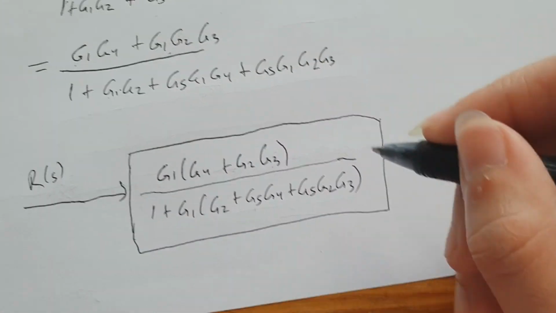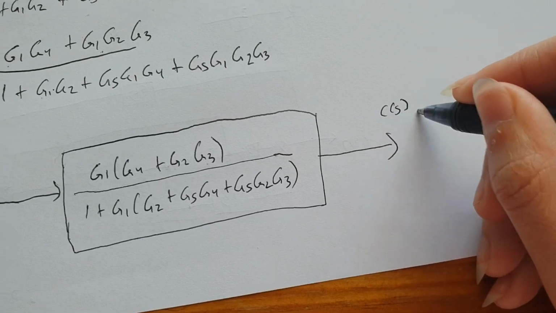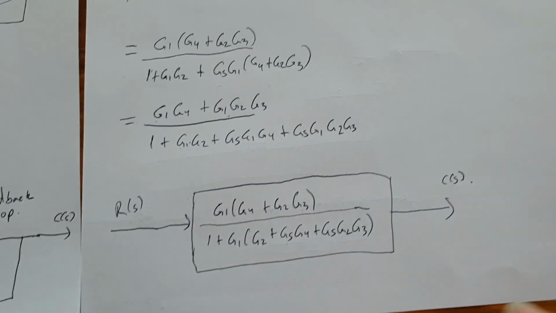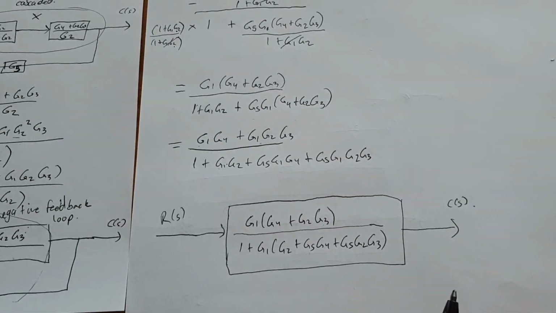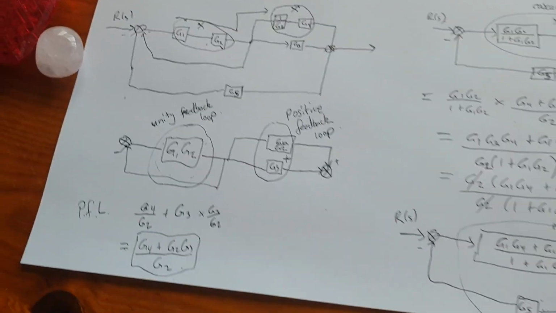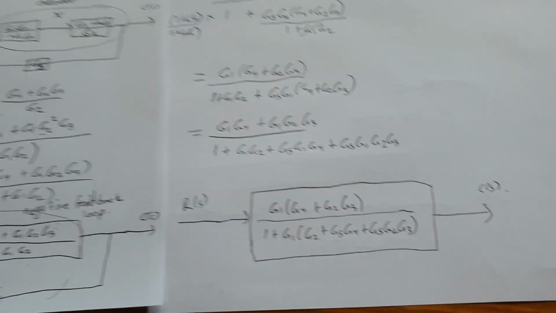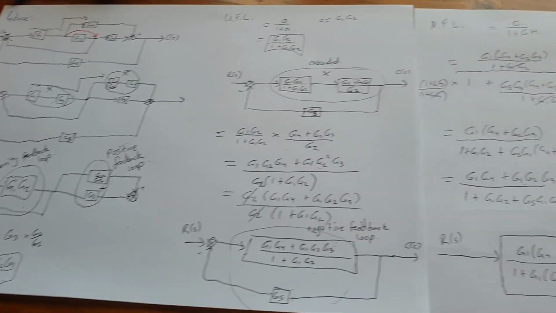Okay, there we go. That is our reduced transfer function, from this all the way to here. There you go. I hope it was helpful. Hope you enjoyed this.